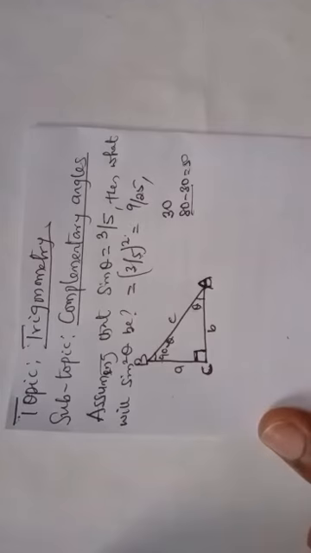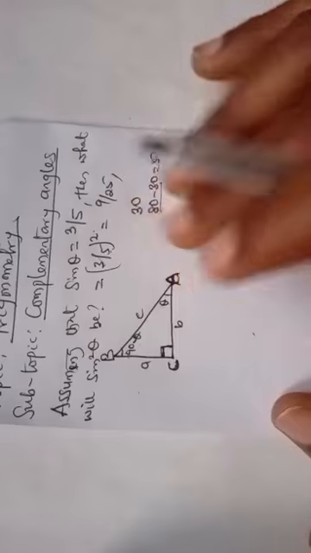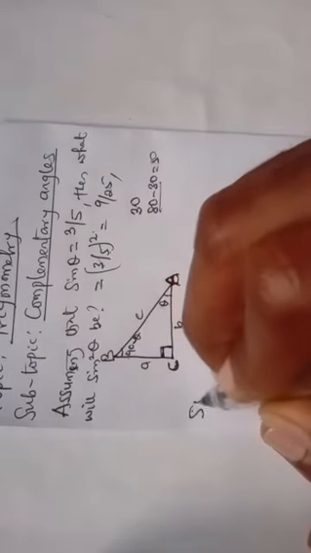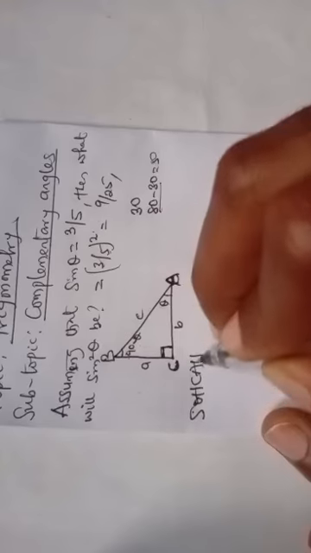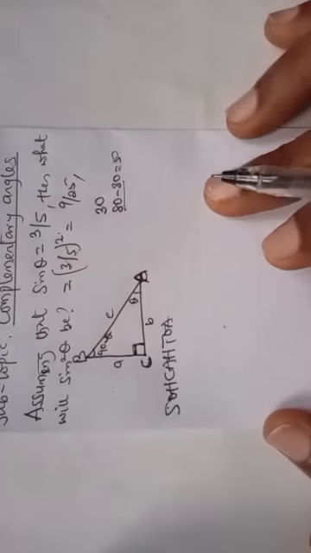Now, let's employ SOHCAHTOA, which is what we always use to express the relationship between the trigonometric ratios. Already we know what these things mean. In our first class, it was discussed.